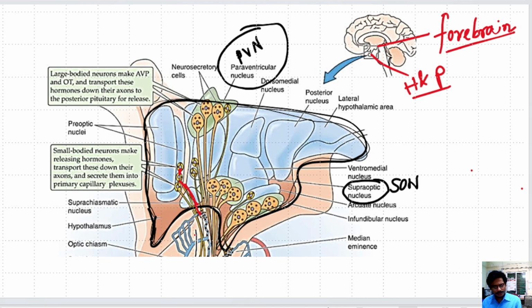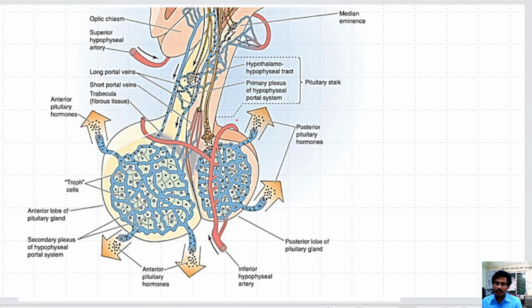Now we are going through one of the major important regions, which is the median region, known as the median eminence.